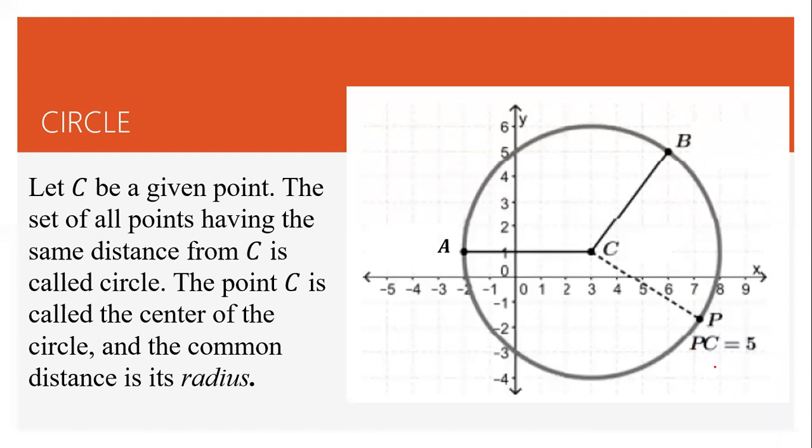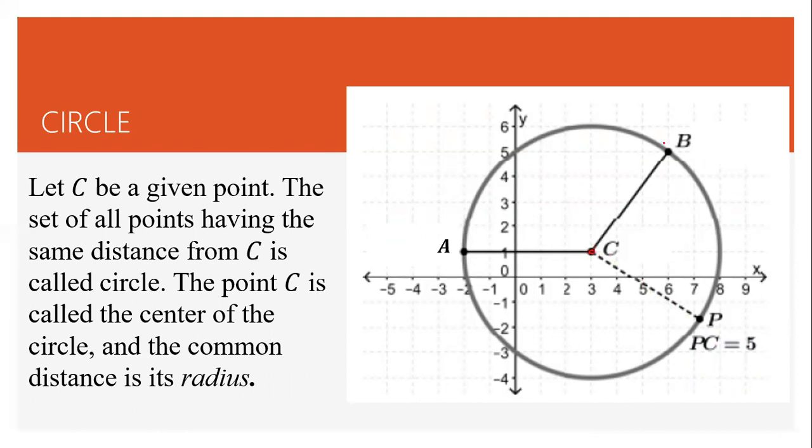So we will let C be a given point. The set of all points having the same distance from C is called a circle. The point C is called the center of the circle, and the common distance is its radius.